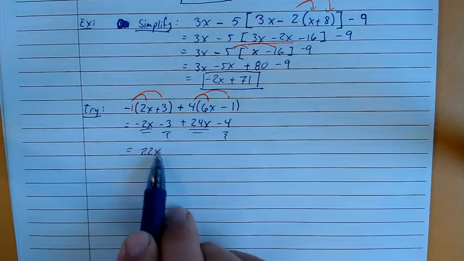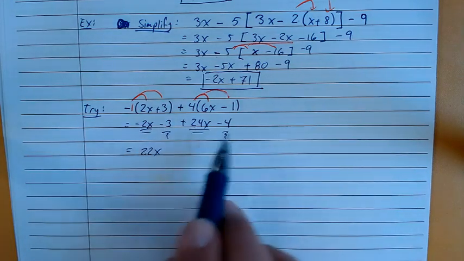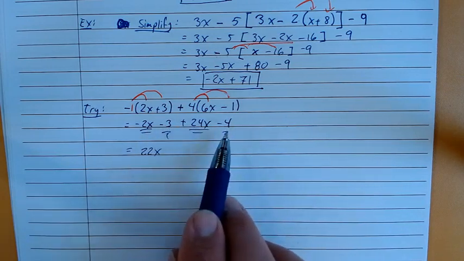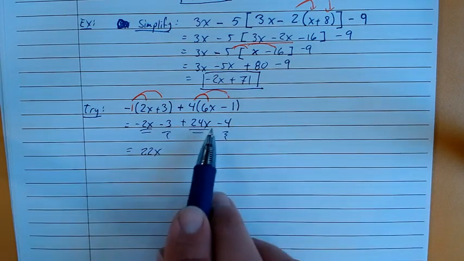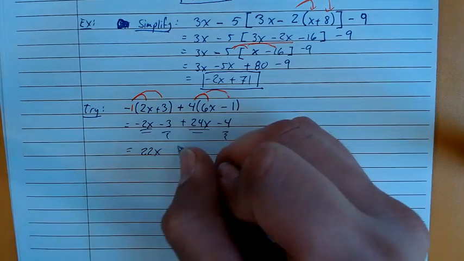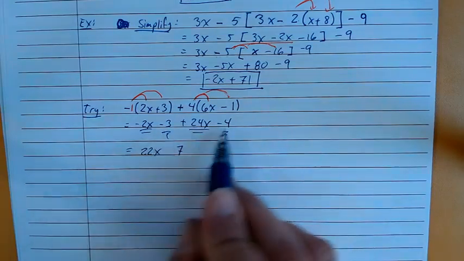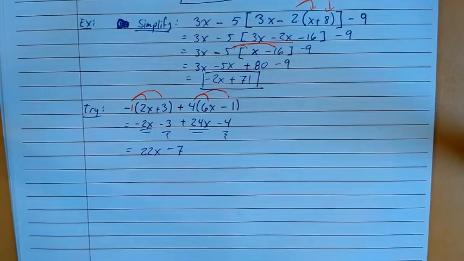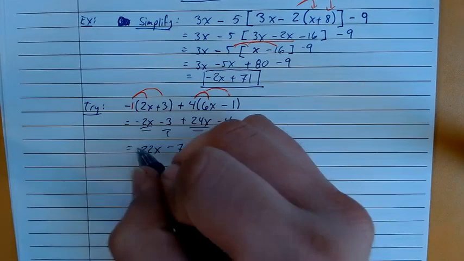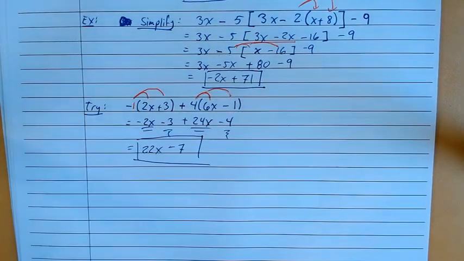Notice the variable doesn't change, only the coefficients. And here, combining these numbers, we have minus 3 minus 4. That's the same as saying negative 3 plus a negative 4. So you add the two numbers, 3 and 4 make 7, and then keep the negative from those two numbers as our result. So in the end, this simplifies down to 22x minus 7, just like that.